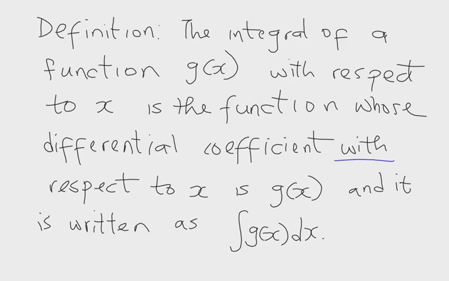So that's the integral of g of x dx. Okay, so we are integrating with respect to x. So once you see this kind of integration sign and you see the letter that is here, that is what we are integrating with respect to, which is x. Now let's take an example to explain that.